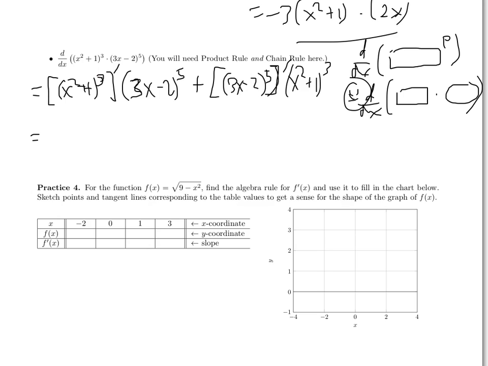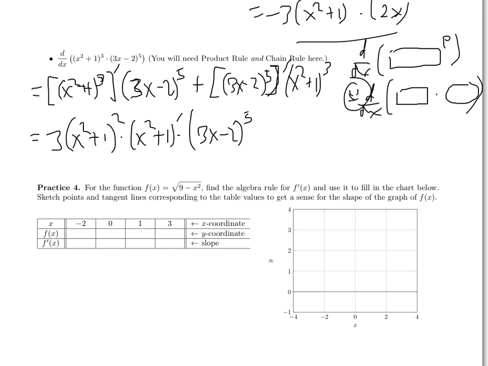The derivative of this piece is 3 times x squared plus 1 squared times the derivative of x squared plus 1. So this is what the chain rule says is the derivative of this guy. That's still being multiplied by 3x minus 2 to the 5th. So this part that was on here hasn't changed. I just moved it down to here.